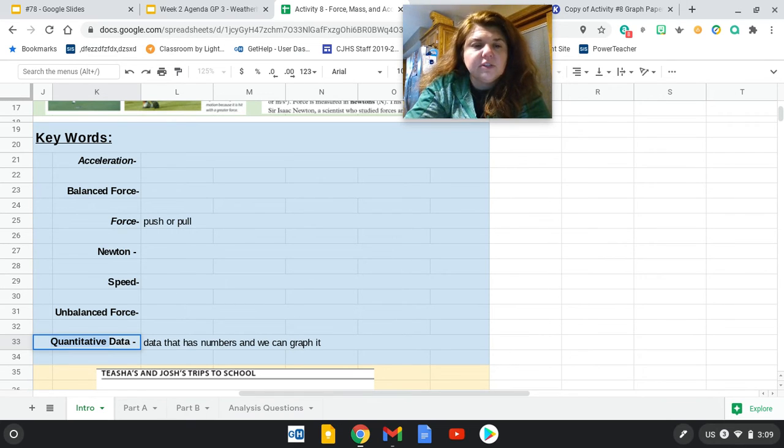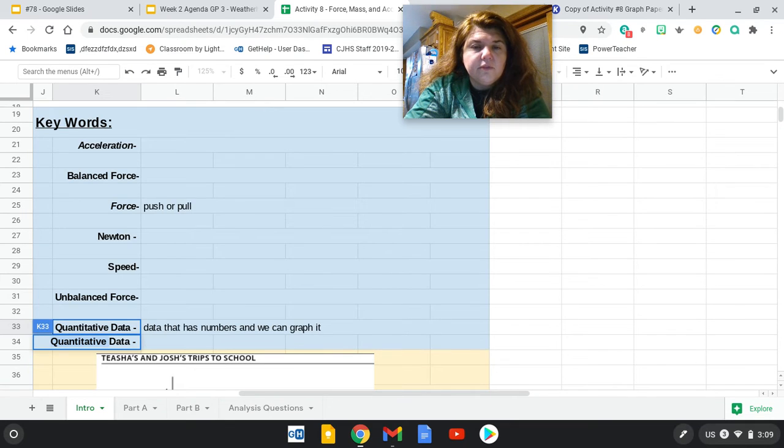It's based on numbers. So it changes to quantitative data. I also want you to add this definition: it's data that has numbers, and because it has numbers, we can graph it. If you need to pause the video, go ahead. If not, we'll keep moving forward.